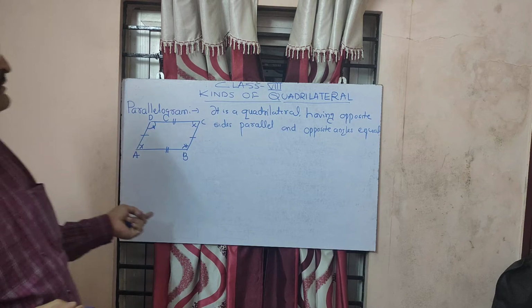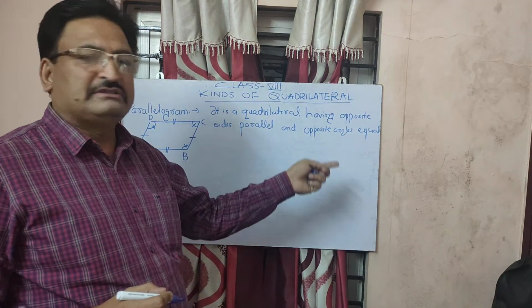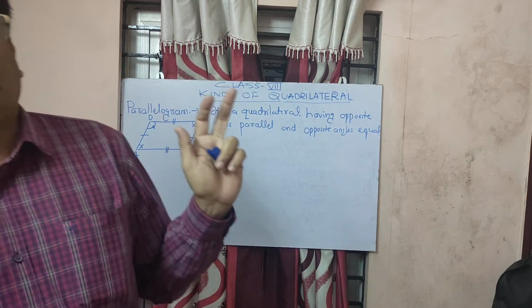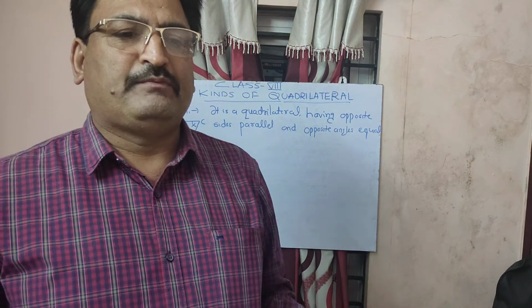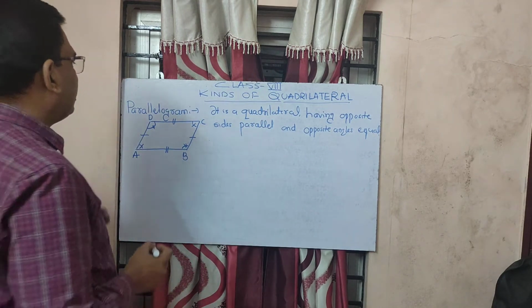So what is parallelogram? It is a quadrilateral having opposite sides parallel and opposite angles equal. Okay. Now we'll discuss some more properties regarding this parallelogram.